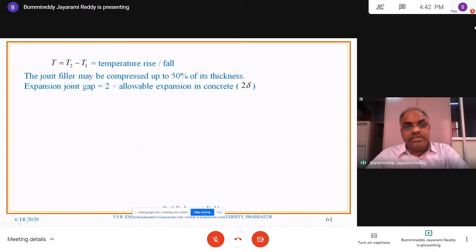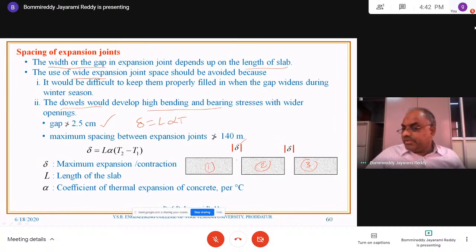But in this particular case, normally this entire gap is filled with the filler material. Mastic pads will be provided completely. And whenever the expansion is necessary, mastic pads are going to compress, and compression of those will be only delta by 2. The full thickness of the mastic pad may not be compressed.